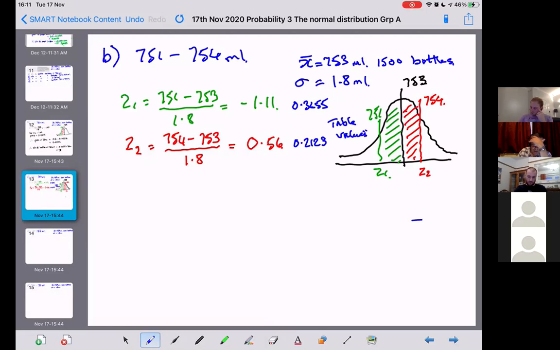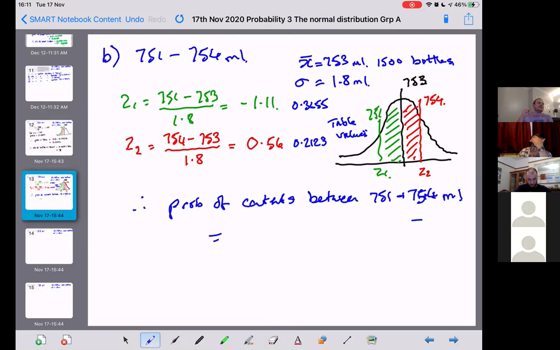Therefore, the probability of contents between 751 and 754 ml equals 0.3665 plus 0.2123, because we want the area between the two, so they're added together, equals 0.5788.